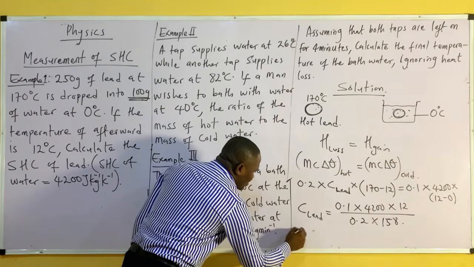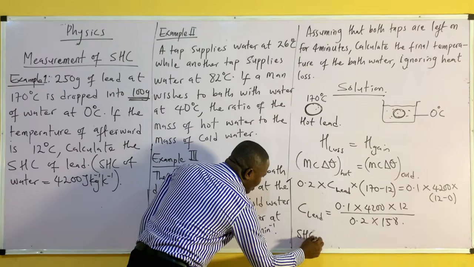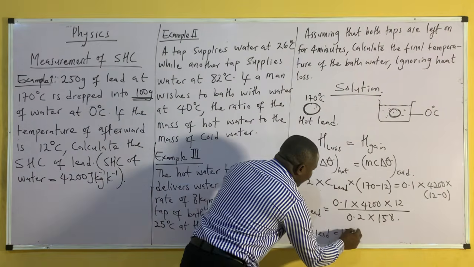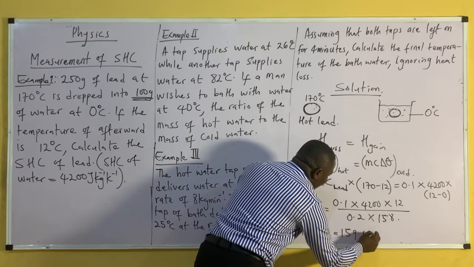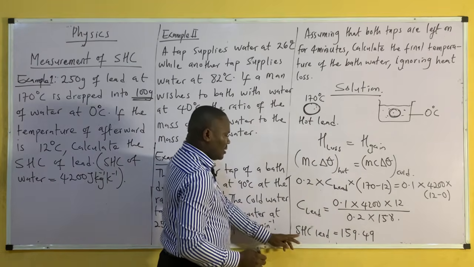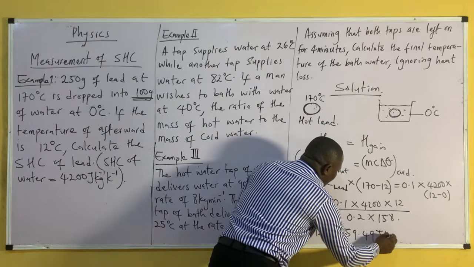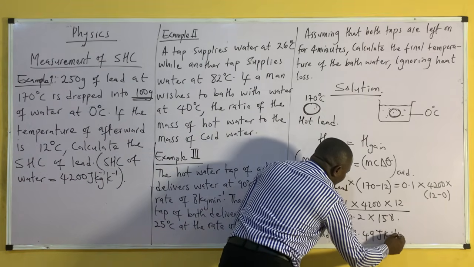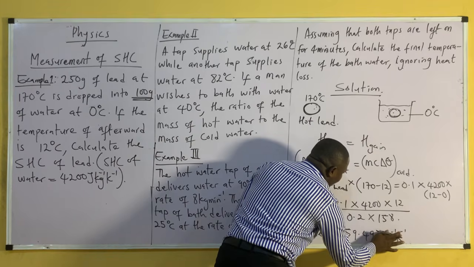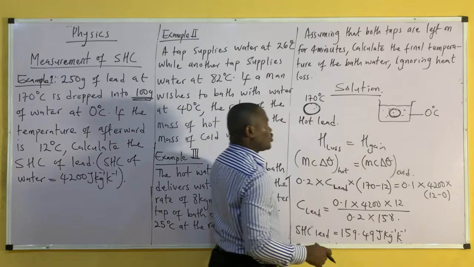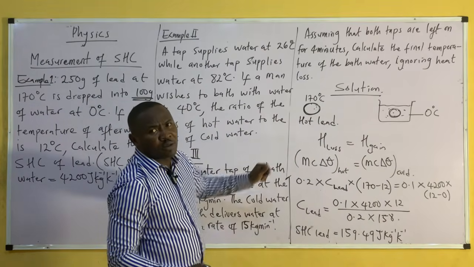So the specific heat capacity of lead will be equal to 59.49. Remember, the SI unit for this is joules per kilogram per Kelvin, but now it can be per degree Celsius because that's what we are using to solve. So this is how it is solved.